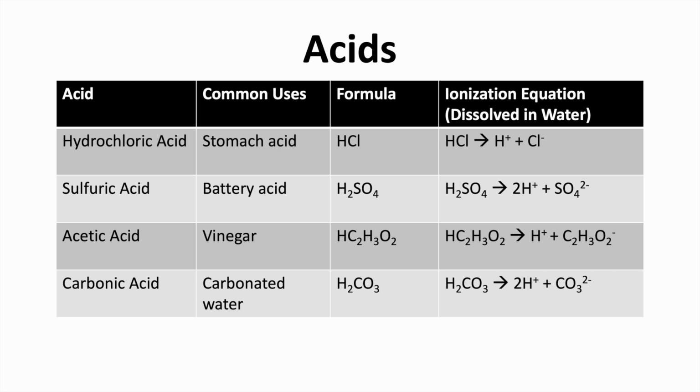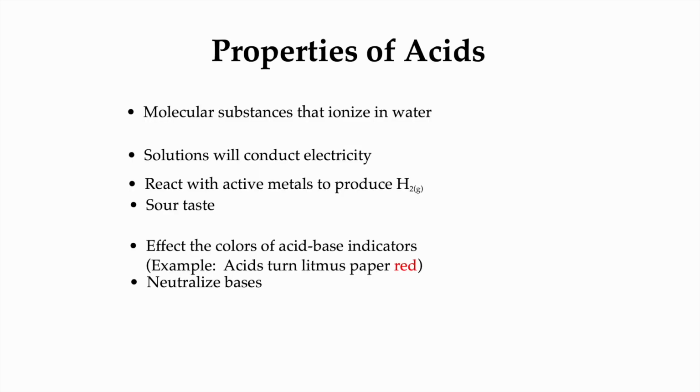And carbonated water is also acidic because when you dissolve carbon dioxide into water, it forms carbonic acid. And what you can see is that all acids will dissociate when they're dissolved in water because acids are ionic in their character. So, some properties of acids.